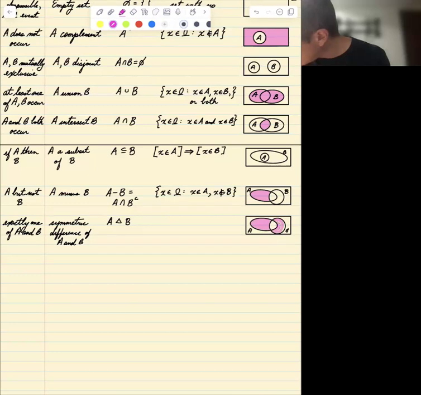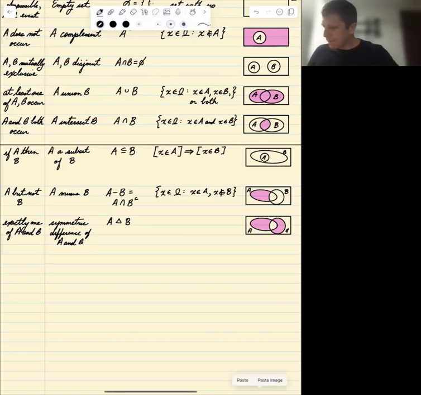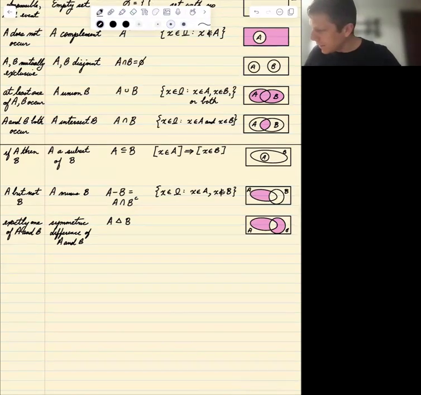You can't allow the overlap because we want exactly one of A and B, not both. So how do we do that? Well, it's A minus B, which we did above, and then we also have to add on B minus A, right? So it's A intersect B complement, or B intersect A complement.